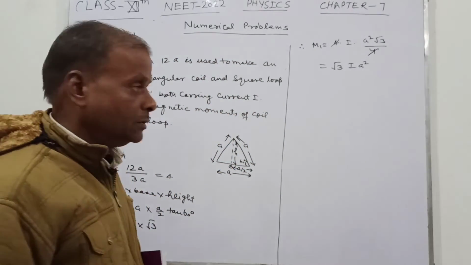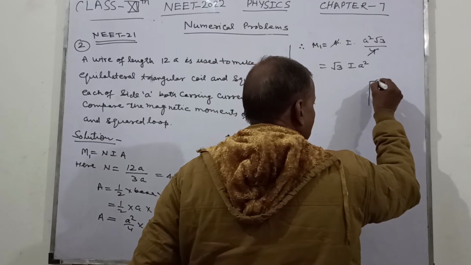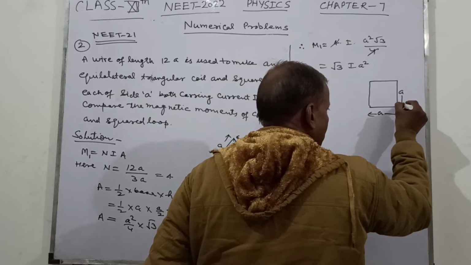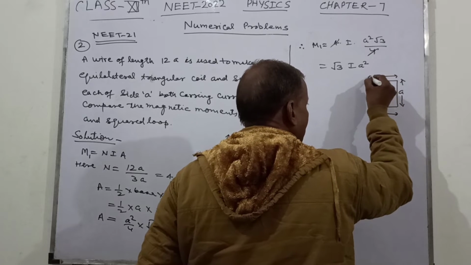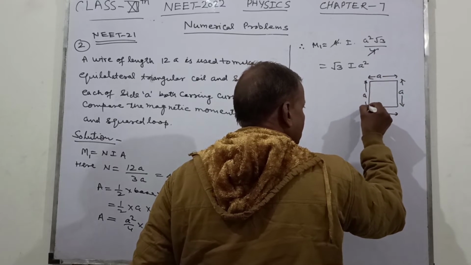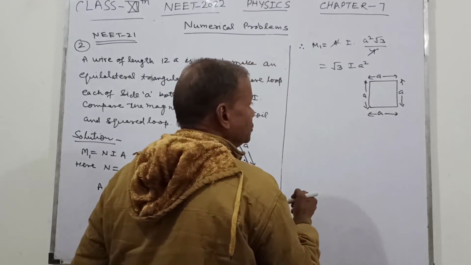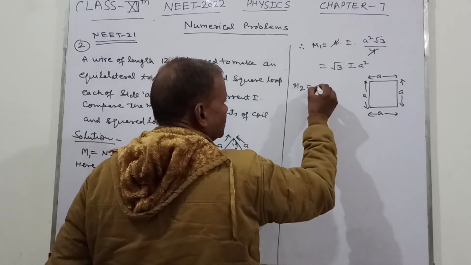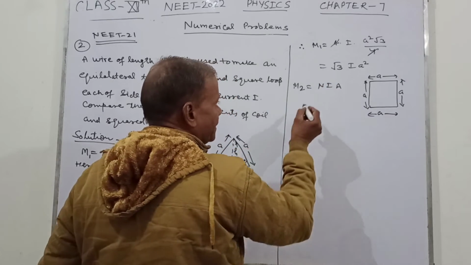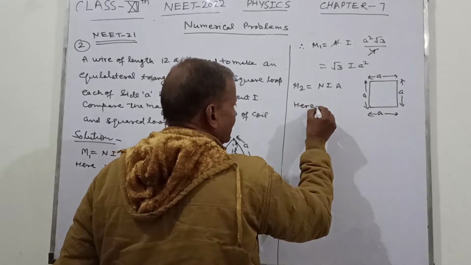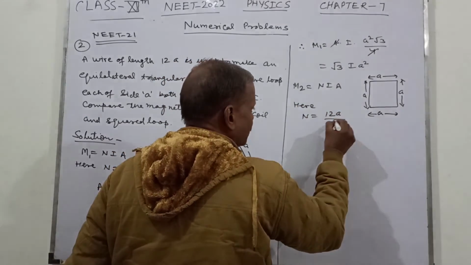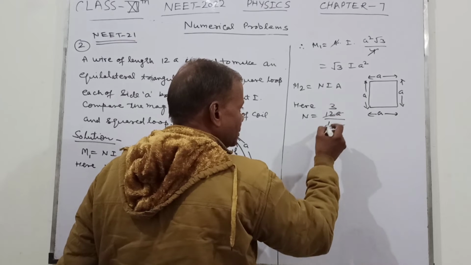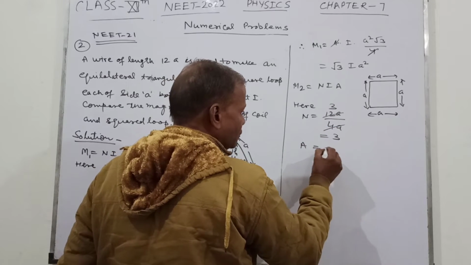Now there is another one, the square loop, each of side A, which carries the current I. So how many turns will there be? Here M2 equals again N I A. Here N equals 12A upon 4A, since the perimeter is now 4A, so this will cancel by 3, and N is 3.